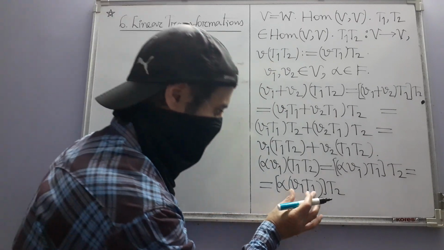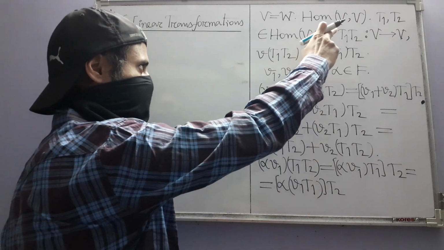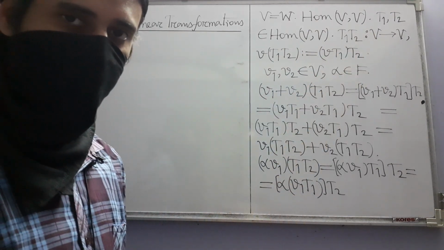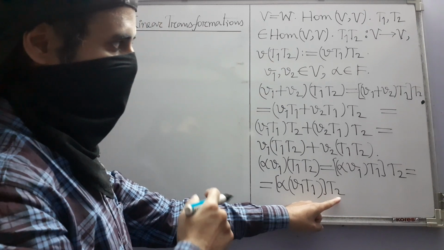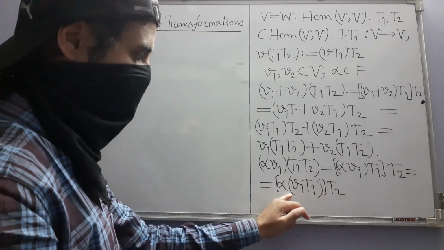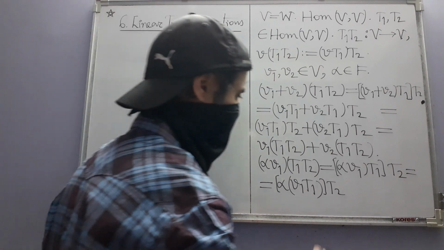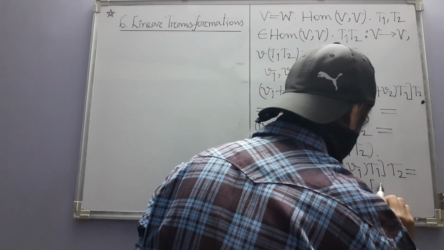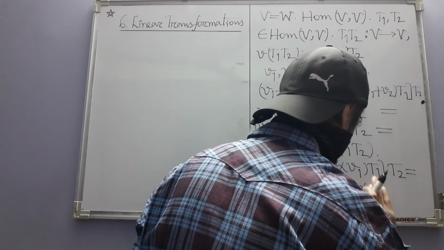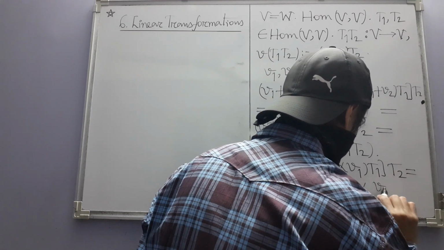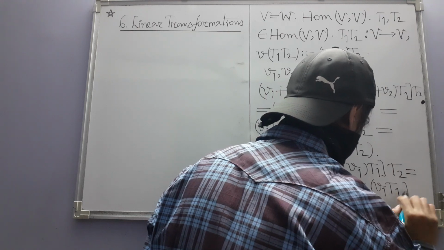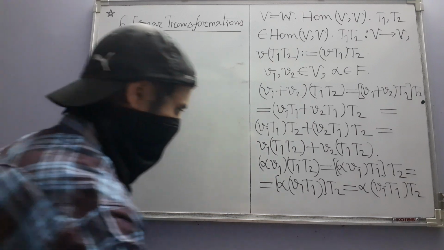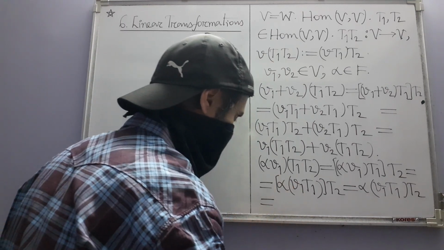And now note that this V1 T1 is a vector in V. So this is a multiple of that vector by the scalar alpha, and T2 being a homomorphism itself will respect this scalar multiplication. So that's why this will be alpha times V1 T1 T2.